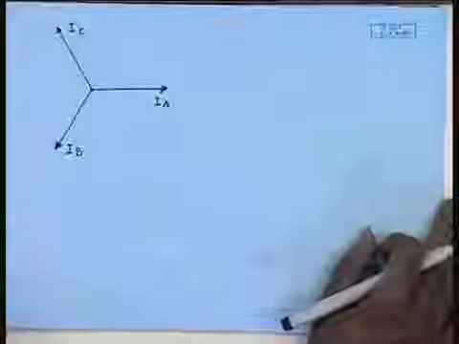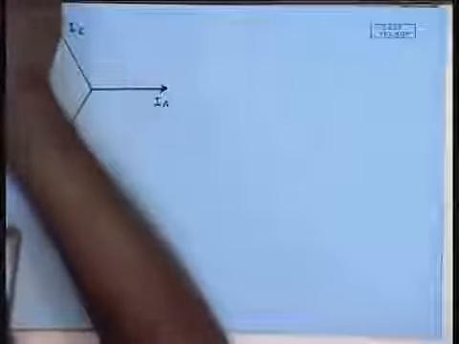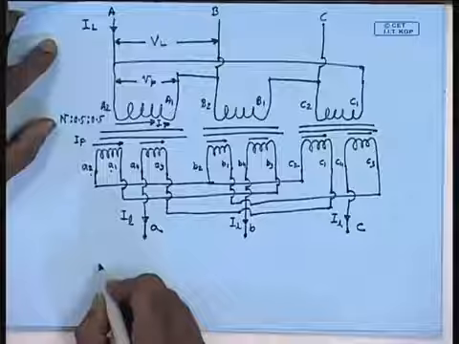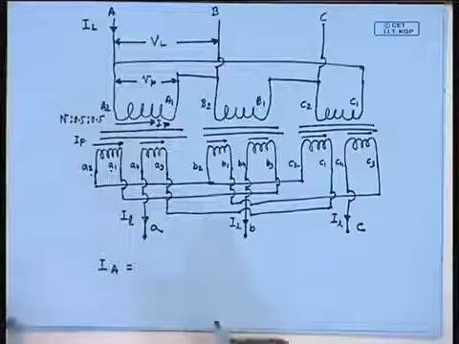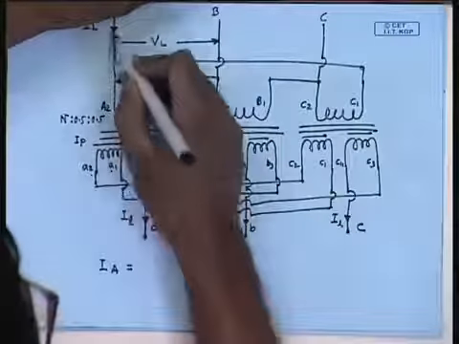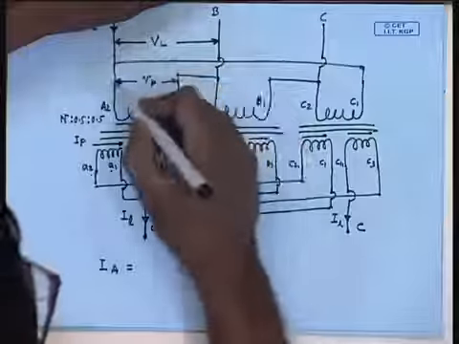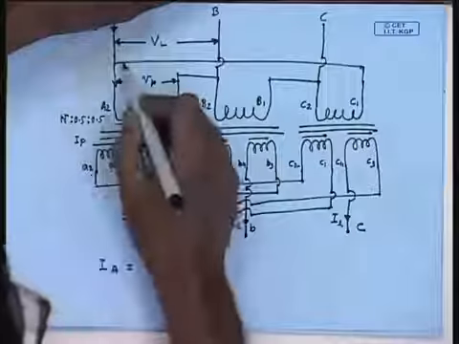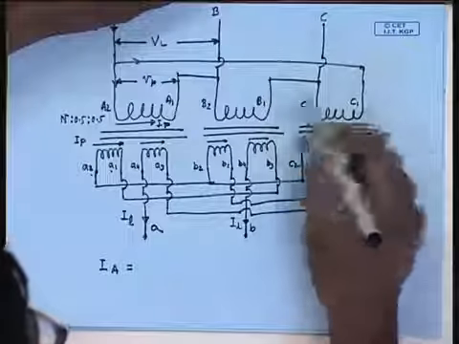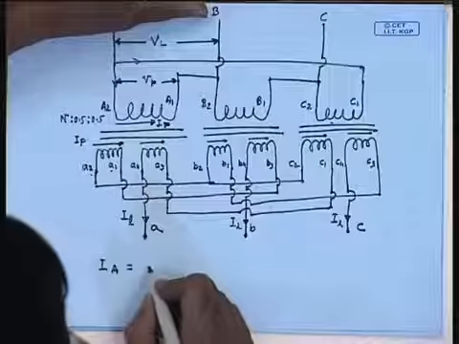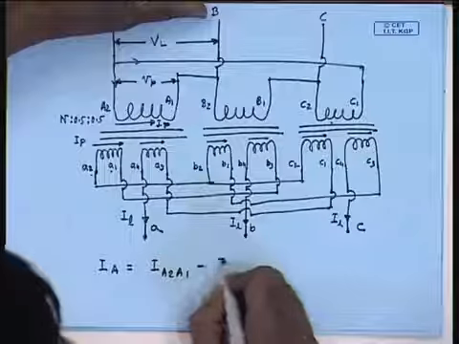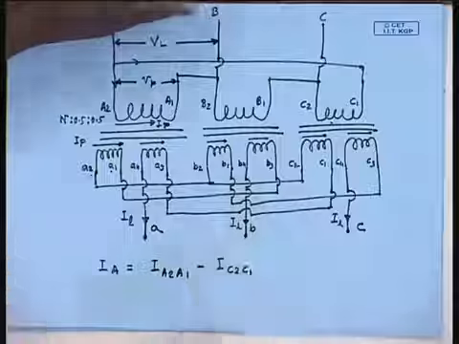From the circuit connection, we have seen that we can write from here that line current IA equal to this current plus this current, which is minus of IC. So, it is I A2A1 minus I C2C1.